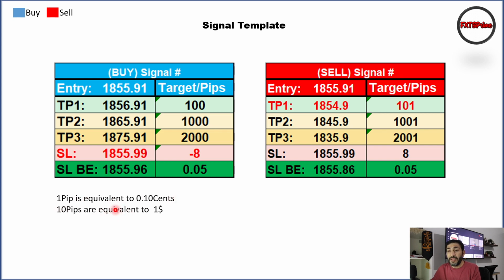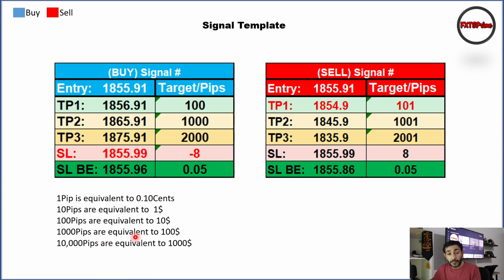If I speak about 10 bips, that is equivalent to $1. 100 bips is equivalent to $10. 1,000 bips is equivalent to $100. 10,000 bips is equivalent to $1,000. And 100,000 bips is equivalent to $10,000. So finally, guys, I hope that you have understood this properly.